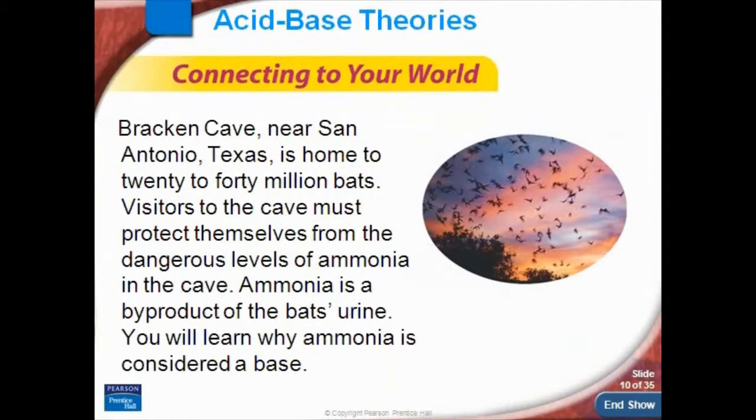Now, connecting this to the real world, Bracken Cave near San Antonio, Texas is home to 20 to 40 million bats. Visitors to the cave must protect themselves from the dangerous levels of ammonia in the cave. Ammonia is a byproduct of the bats' urine. You will learn why ammonia is considered a base.